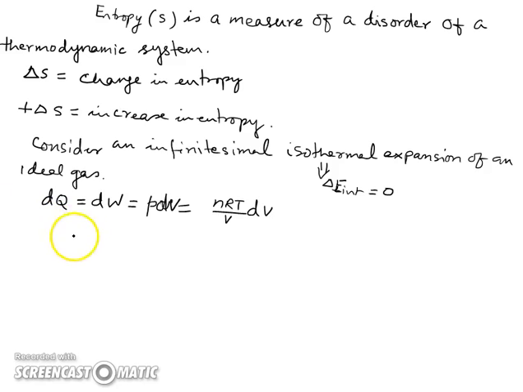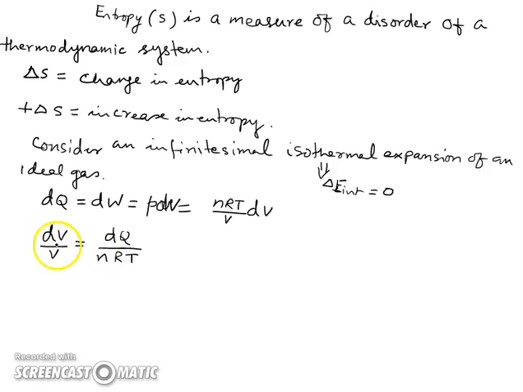So we can rearrange this equation as dV over V is equal to dQ over nRT. If you look at this equation, the gas is more disordered after the expansion, right? So the more dV, the more the disorder. The molecules are moving in a larger volume and have more randomness of position.